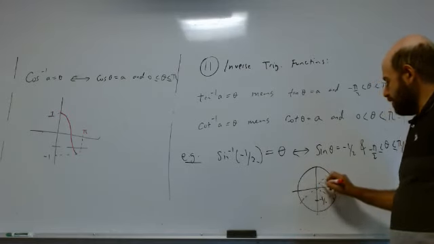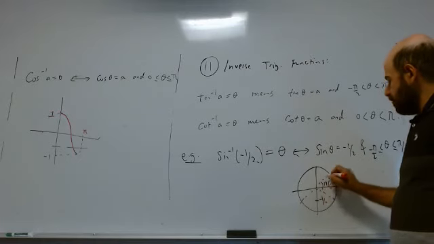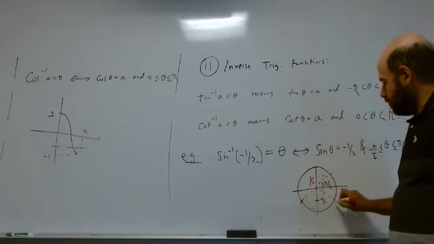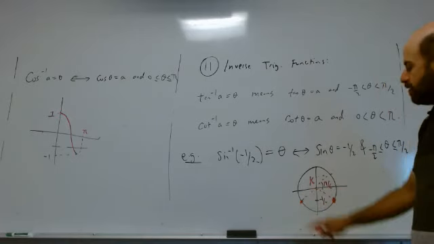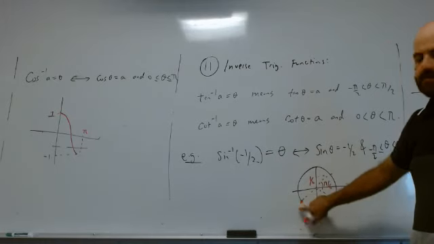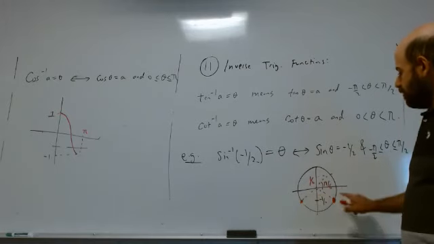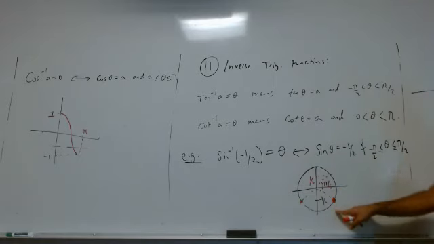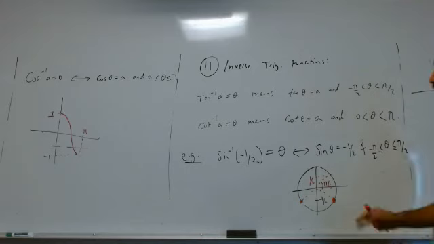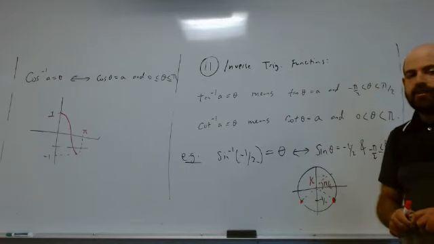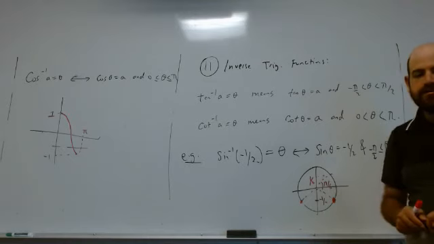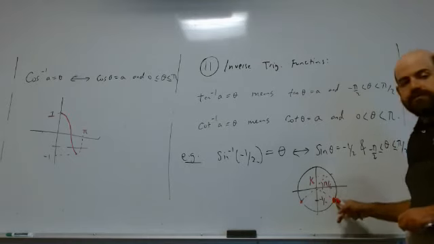So the original angle is, let's say, pi over 6. For pi over 6, the sine is 1/2. Now, if I want to be here or here, that means either pi plus pi over 6, or this one, we can do it with 2 pi minus pi over 6 or just minus pi over 6, right? So there are many angles with sine minus 1/2. One of them is pi plus pi over 6. One of them is 2 pi minus pi over 6. One of them is minus pi over 6, which has the same location as this one.